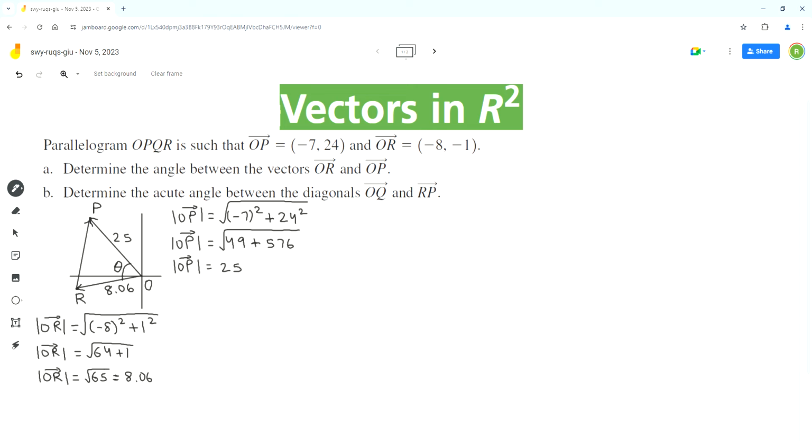Now we can find the length of side RP, and for that we should first find the vector RP.